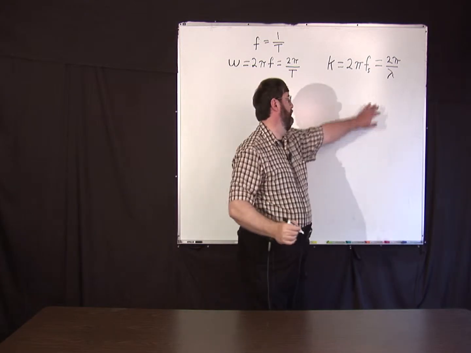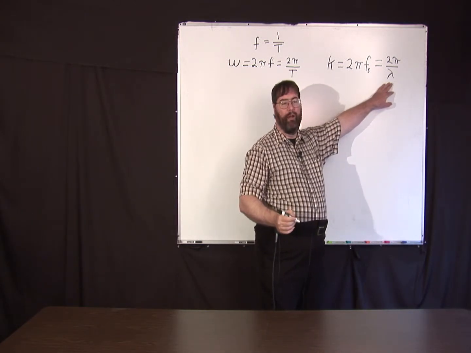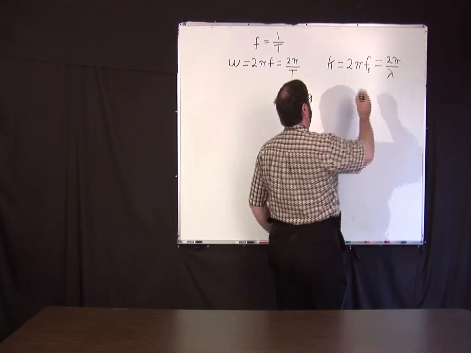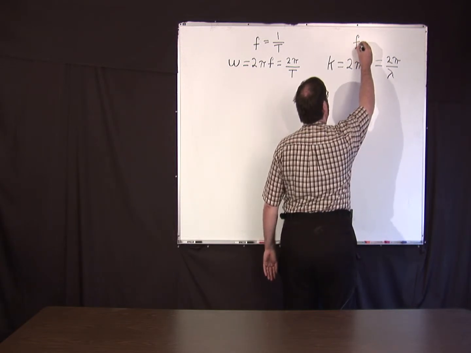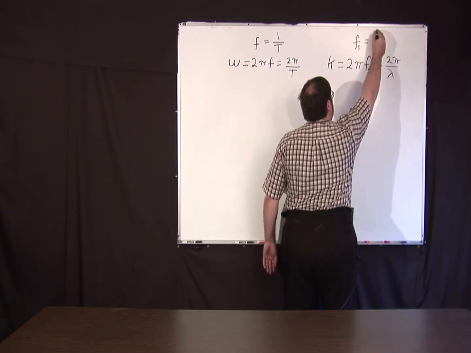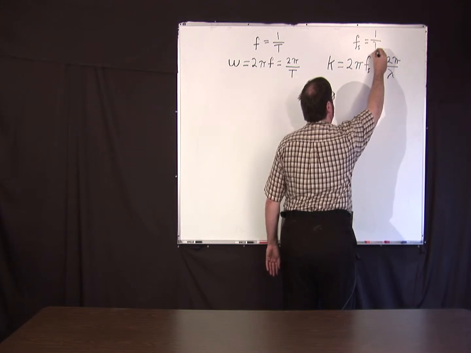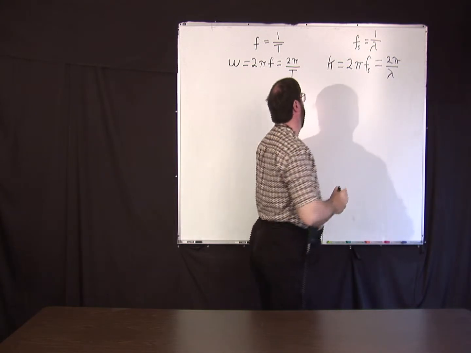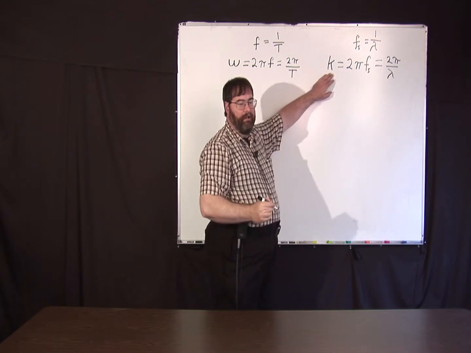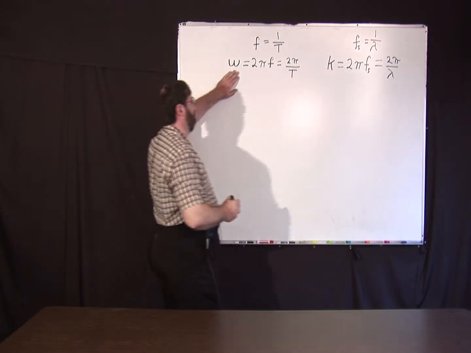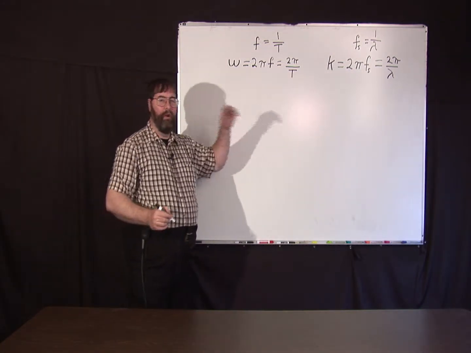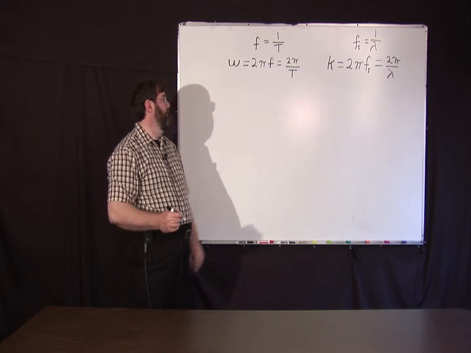Lambda, the Greek letter lambda, is used for wavelength. It's in meters. And from this, you can say the spatial frequency is 1 over the wavelength. So this is measured in radians per meter, versus radians per second. They're really similar quantities, they just have different units.